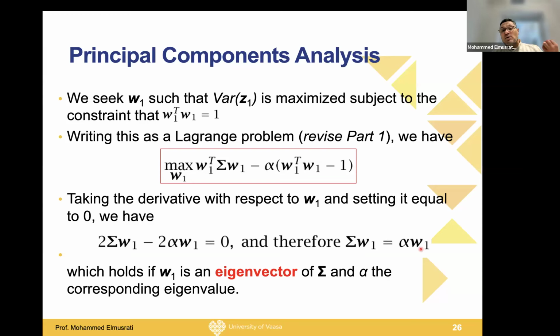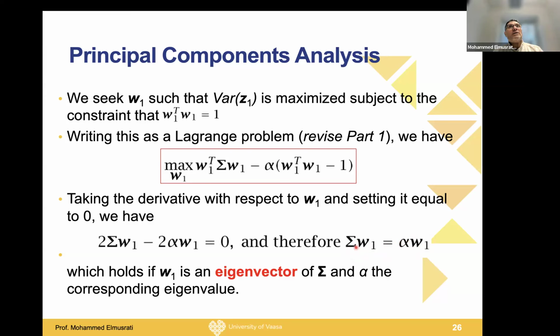If you have principles of linear algebra, you will know now that alpha is an eigenvalue of Z and W1 is an eigenvector of Z. Z is the covariance matrix of X. But which one?